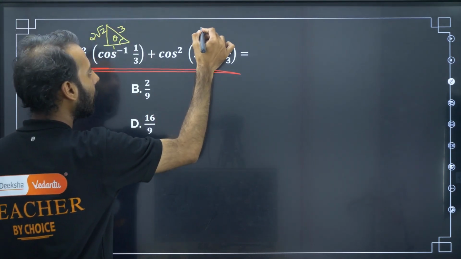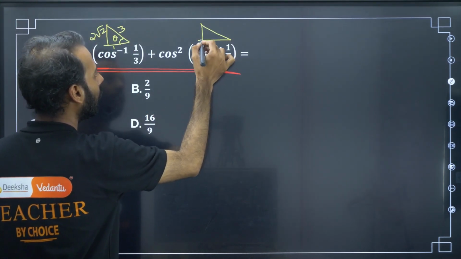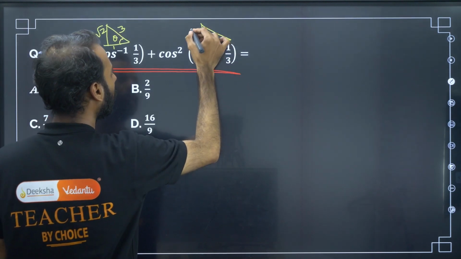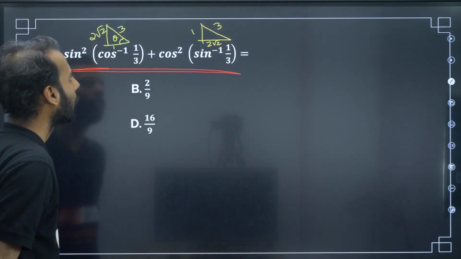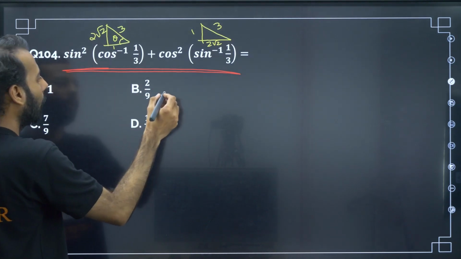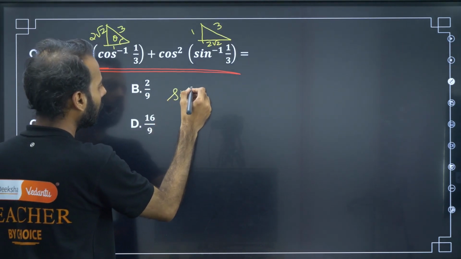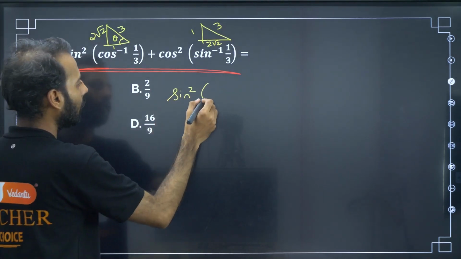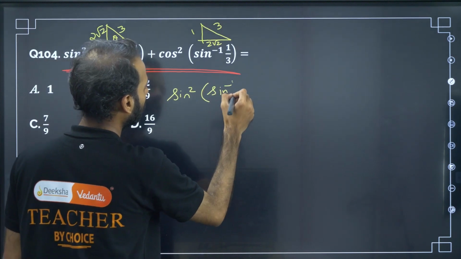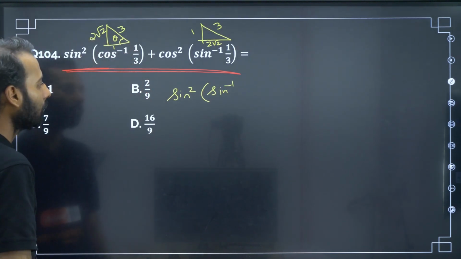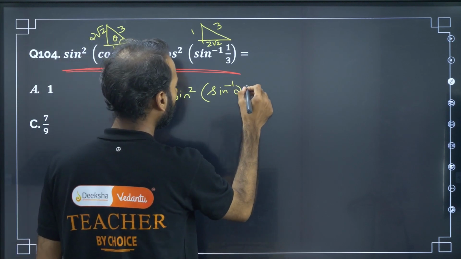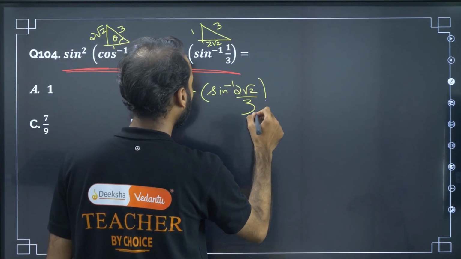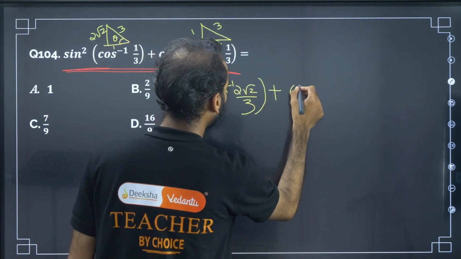Next, let me consider one more triangle. Here the perpendicular is this, and this is 2 root 2 by Pythagoras theorem. Now to simplify, for cos inverse I will write sine inverse of perpendicular 2 root 2 by 3, plus cos square.